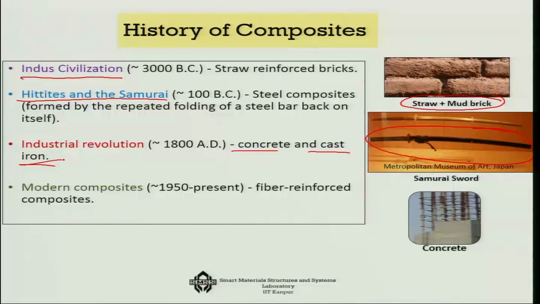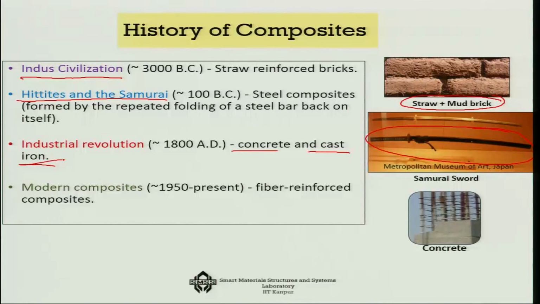Now then, there are many modern composites. Concrete or cast iron are composites, but if you look at their reinforcements, they are not continuous reinforcements. They are more like particle reinforcements.